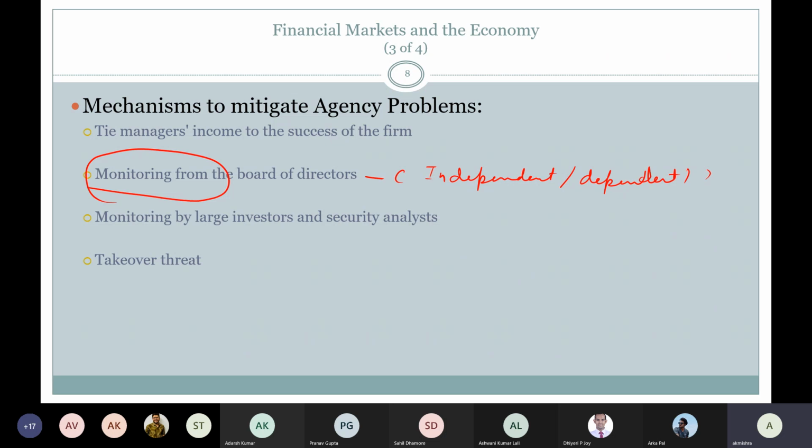By name itself, independent directors are not directly linked with the company. Generally, when they join a particular meeting, their honorarium or remuneration is based on their interaction with the company. Whereas dependent directors are definitely part of the company. By establishing a board of directors, they can monitor how the entire management team is doing, and in case they find some erroneous decision, they can point it out to the company, and certain measures can be taken.